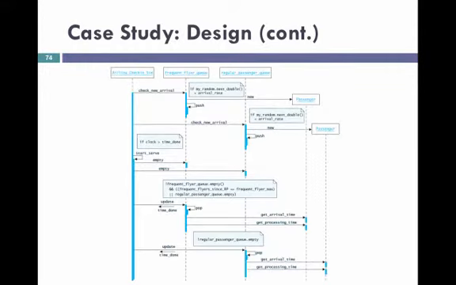Here's a sequence diagram of our simulation program. We have our simulator, and we have our queue of frequent flyers and our queue of regular passengers. This shows the interaction, the messages that flow between these different parts of the system and the actions that take place. We check new arrivals, and we can create new passengers and put them into the frequent flyer queue or into the regular passenger queue.